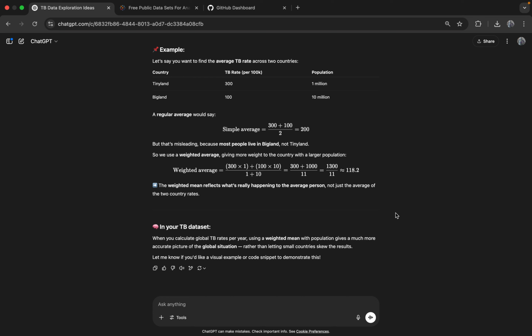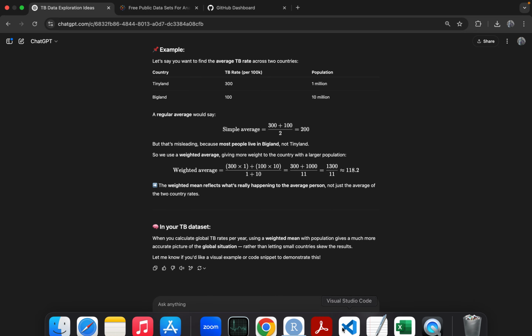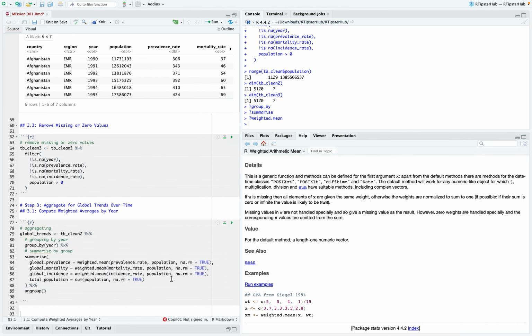So the weighted mean reflects what is really happening to the average person, not just the average of country rates. In this data set, when you calculate global TB rates by year using a weighted mean with population, it gives a much more accurate picture of the global situation, rather than letting small countries skew the result. Perfect. At least now we have an understanding of that.